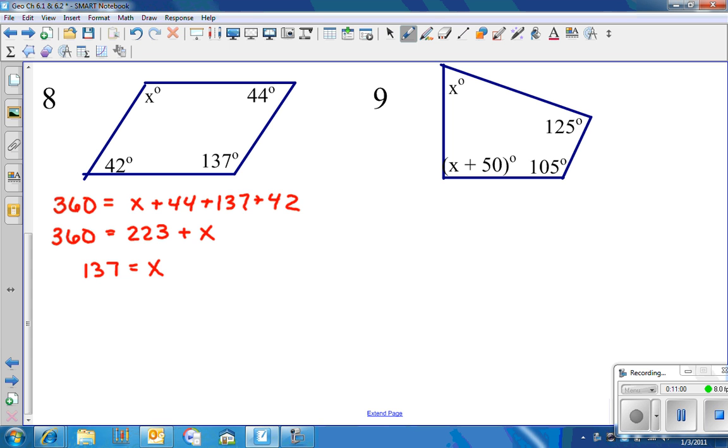But again, we know that everything added together, x plus 125 plus 105 plus x plus 50, they all add up to be 360. Combine like terms.